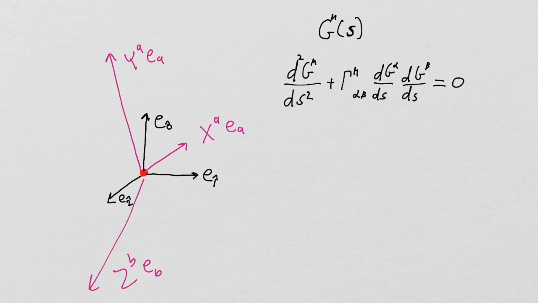And embedded in this, of course, is the connection on the manifold, right? So this is some manifold in space-time. It has a connection, and that connection is derived from the metric, g mu nu. With this in mind, we can remind ourselves that this is a second-order differential equation.